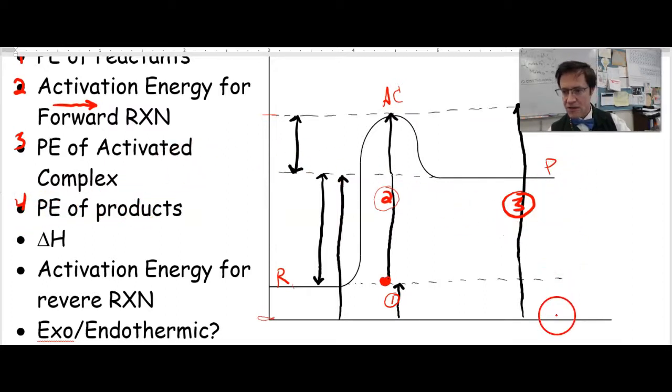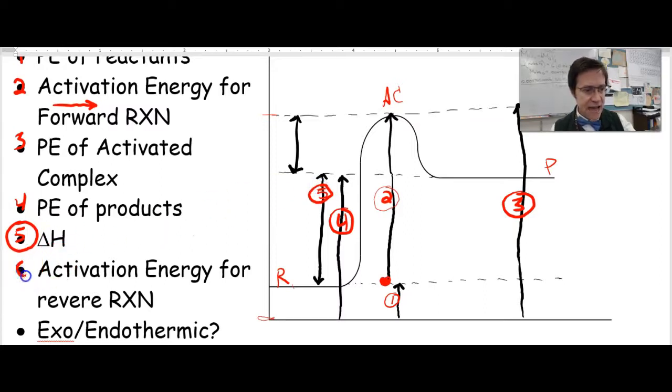Here are my products. Something from bottom to here, oh, here it is. There's 4. 5, delta H. Remember, delta H is the difference between reactants and products. Oh, that's easy. Here are my reactants. Here are my products. My products are at this level, and that's this guy right here.